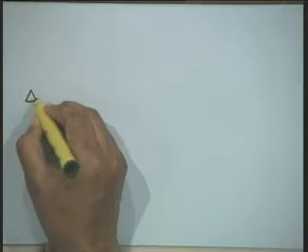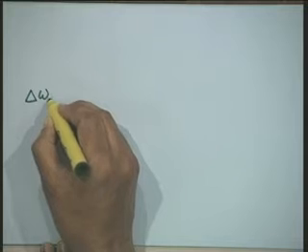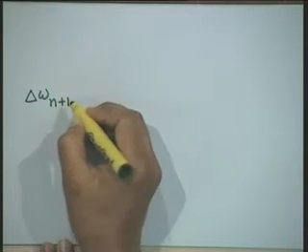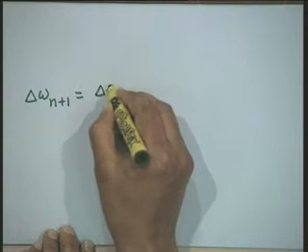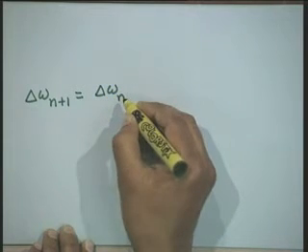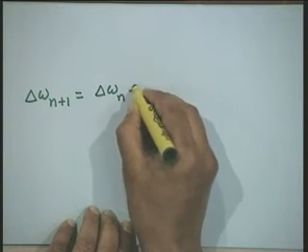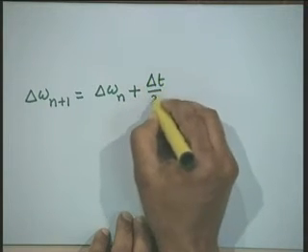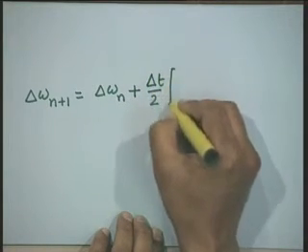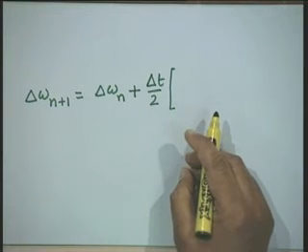I consider the first equation. I am to obtain this term delta omega n plus 1. This will be equal to delta omega n plus delta t by 2 times f of x n, t n.